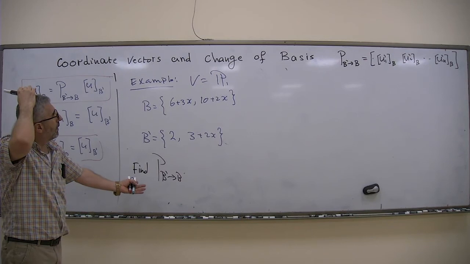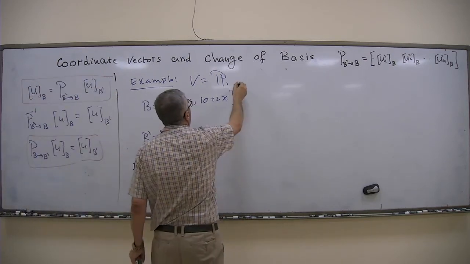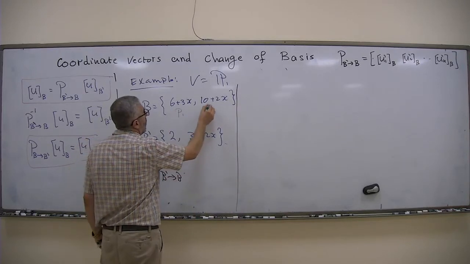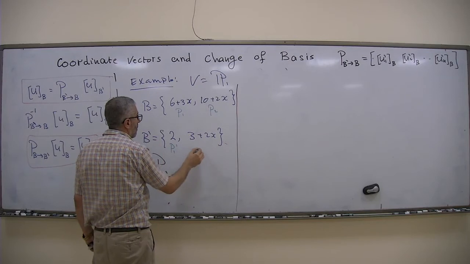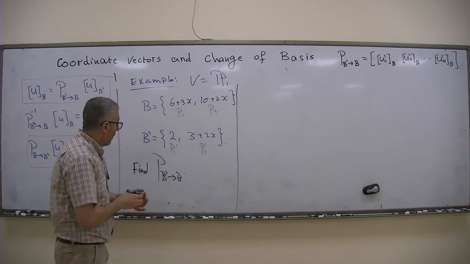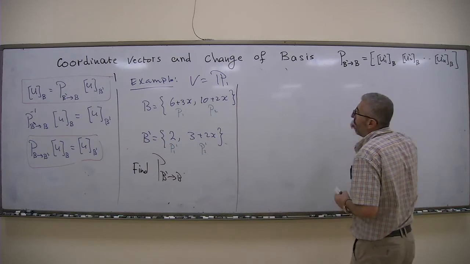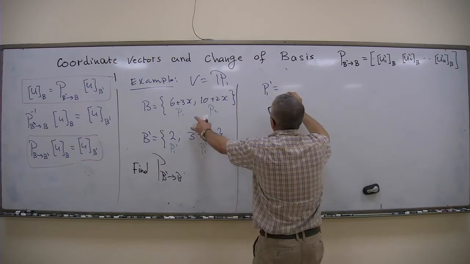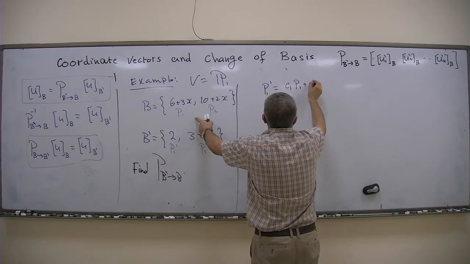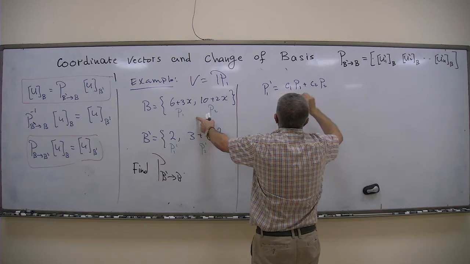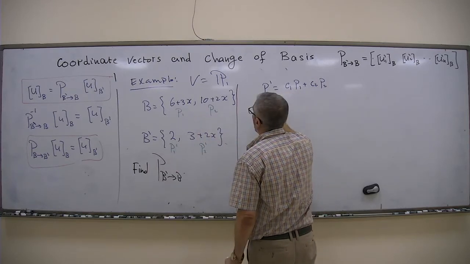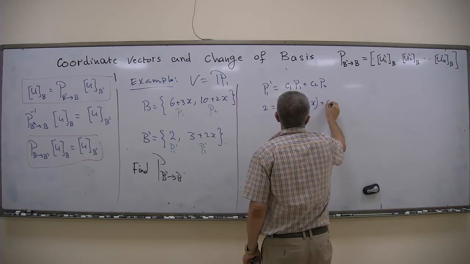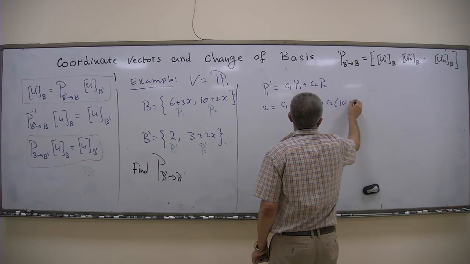Well, we know what this is. Let me label those. This is B1, this is B2, this is B1 prime, this is B2 prime. So how do we get this one? We get it as we have here. We write P1 prime as a linear combination of those, which means 2 equals C1 into 6 plus 3x plus C2 into 10 plus 2x.